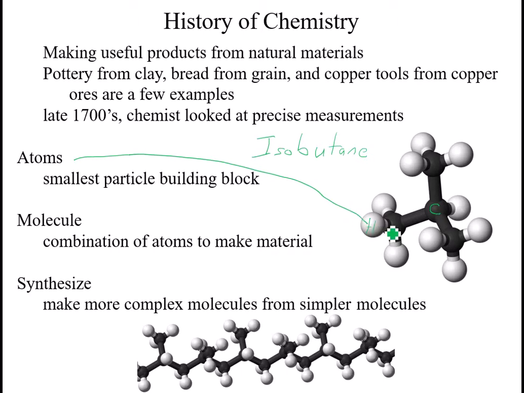So I can bind hydrogen to carbon, or I can bind carbon to carbon, to make the structure. This structure has 4 different carbons, and it has 10 hydrogens on it. And then I can take these simple molecules and make more complex molecules from those.